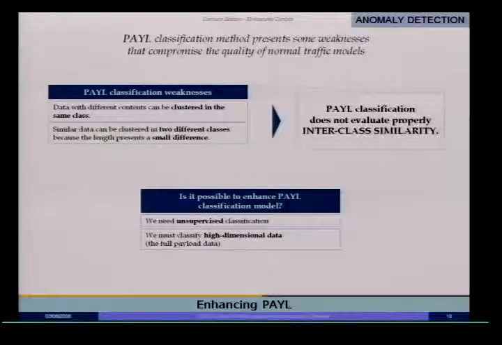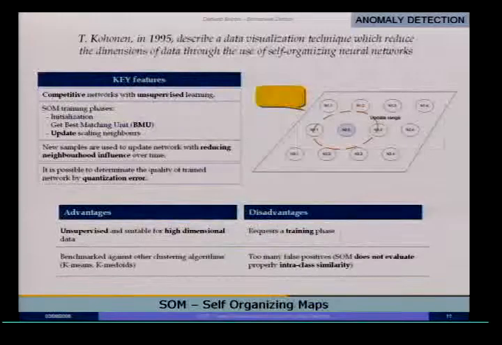So this is a typical clustering problem. So we focused on different clustering algorithms, trying the most popular ones, such as k-means and k-medoids. But the one having the best results was the self-organizing map.